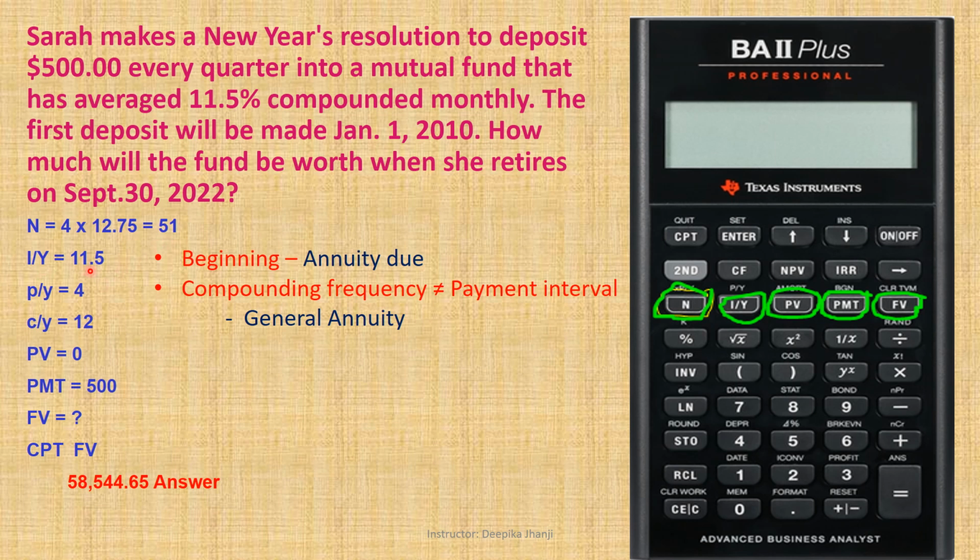Then interest per year 11.5, payments per year, because she's making quarterly payments, is equal to 4, compounding per year 12, right, because it is compounded monthly, so 12 times in a year. Present value is 0, payment is 500, future value we need to figure out. When we compute future value, this comes out to be this value.